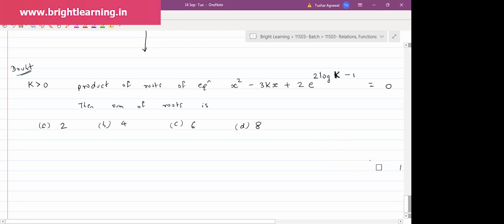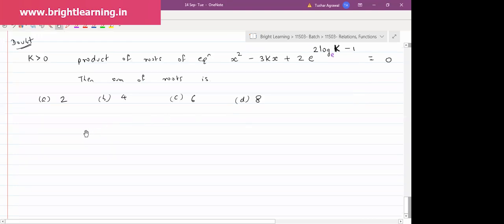Since they have not given the bracket, we will just assume. Now here this is log k, and here since they have given this base e, I am assuming that the base of this logarithm they want it to be e only, not the common logarithm with base 10. I told you there are 2 types of logarithms with base 10 and base e.